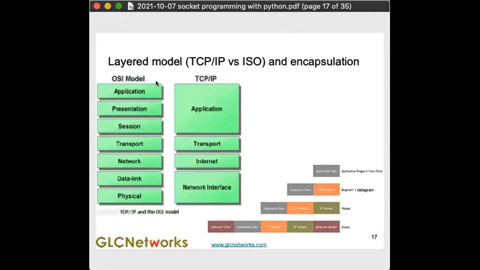So this is how it looks. We have application data here, and then the data is wrapped. This is the next encapsulation, added by the TCP header, and then added by a new header, and then a new header here. So in the end, there is a lot of encapsulation process.